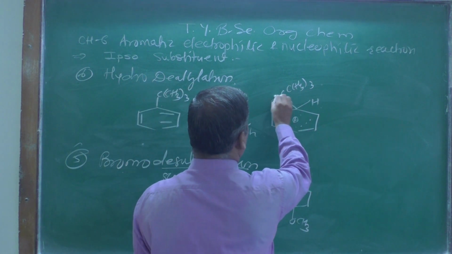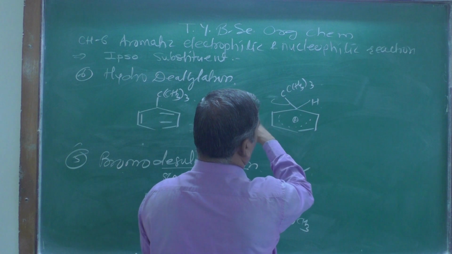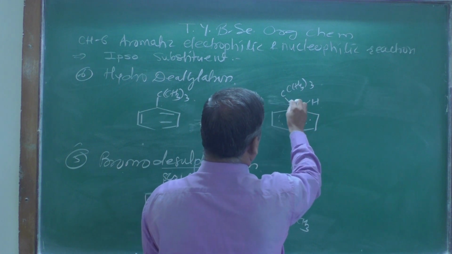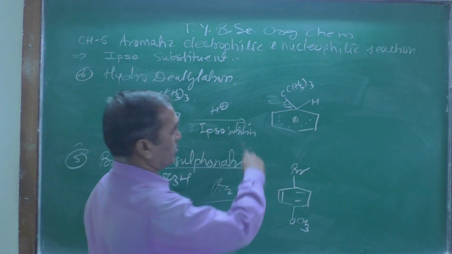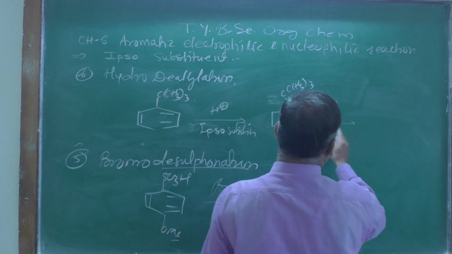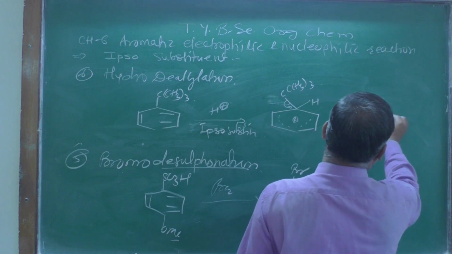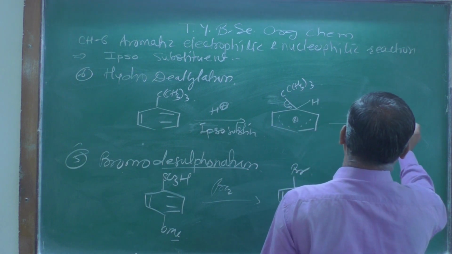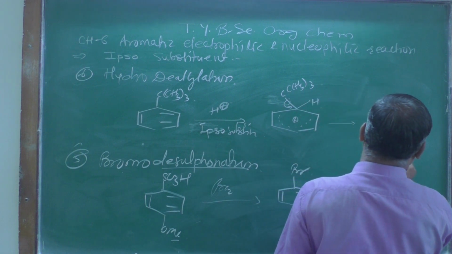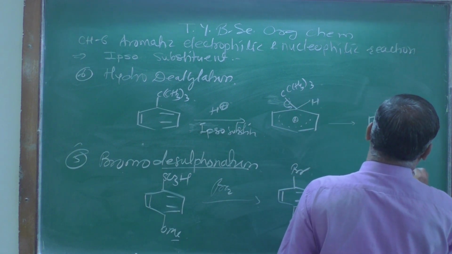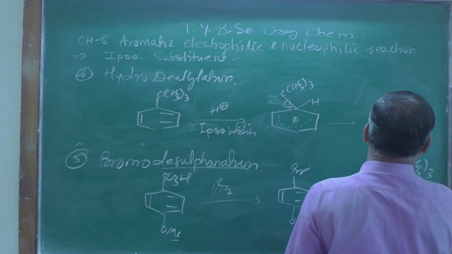This bond is breaking, not like this but like this, and aromatization happens back, and we get benzene like this, plus the C(CH3)3 positive charge.